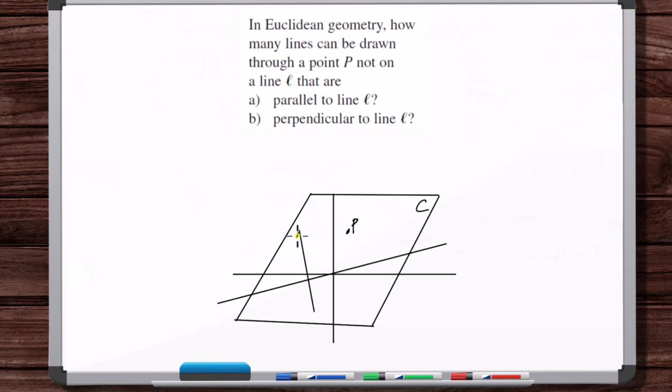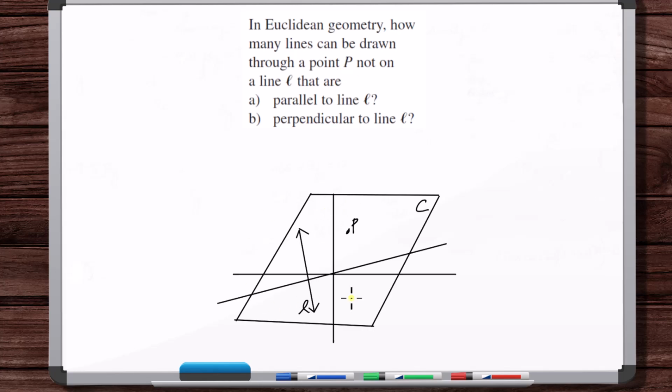Because if you think about it, if you've got a line and a point that's not on the line, then that's going to constrain a unique plane, right? A line and a point not on the line are going to constrain a unique plane. So we have a point P and a line that doesn't go through point P. They gave us that.